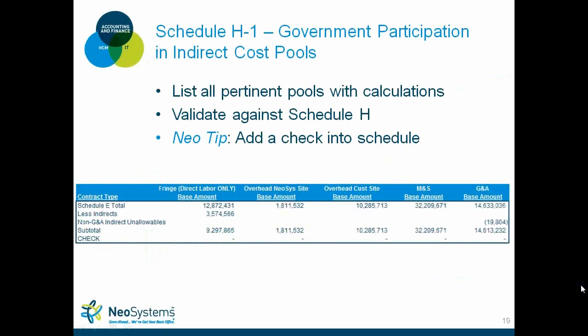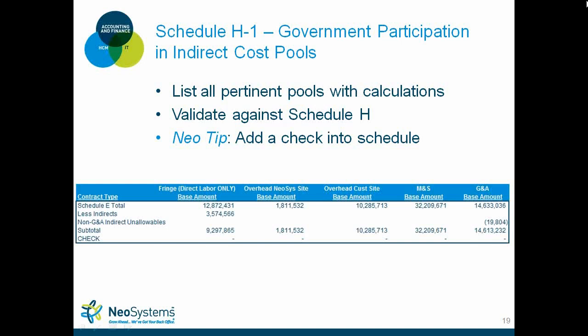Thank you, Mark. So continuing in the Schedule H area, this is H1. This is a fairly simple schedule. It really is short and not a lot of information in there, but you've got to make sure that you're showing all of your pools. This is often missed, especially if you have multiple fringes or multiple overheads or even multiple G&As for that matter. Make sure that you're accounting for all of the pools, especially if there are changes in your accounting structure and if you've added a new pool.